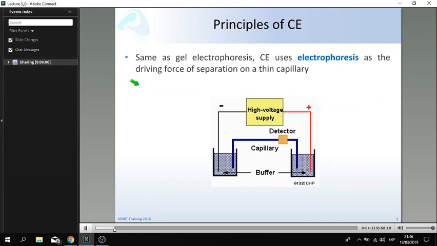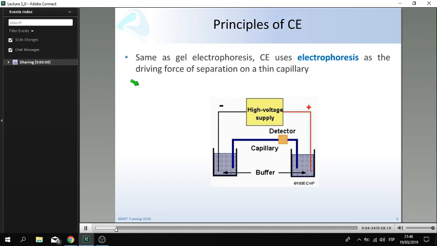So what is actually CE and what are the principles? Because it is electrophoresis, the main principle is the same as in slab gel. That's the main driving force of separation on a thin capillary: the separation of charged samples under the influence of an electric field.